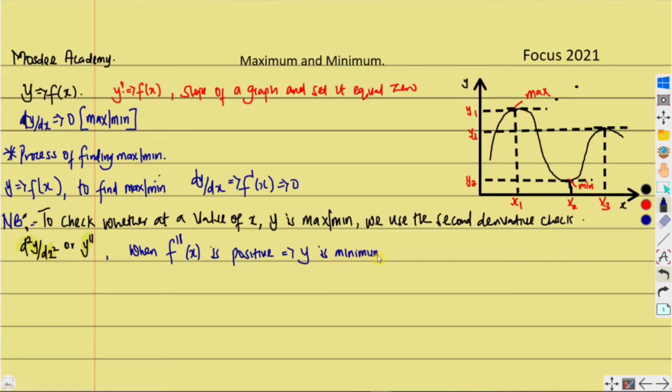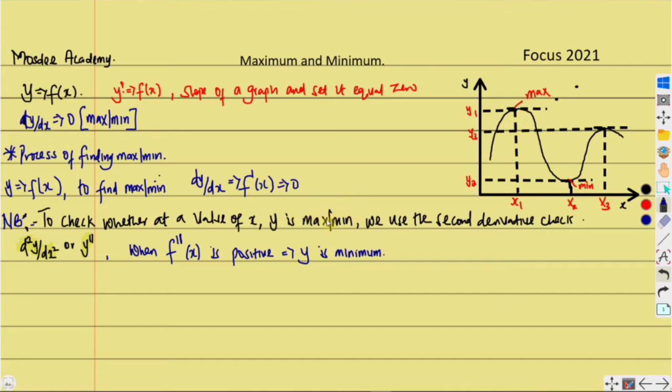So my dear student, what I'm saying is that we want to find maximum and minimum points of a graph. We just differentiate that particular equation, then get some values of x. After getting some values of x, we substitute back to get the y values. Sometimes when you are looking for minimum, your answer can be maximum, and students do complain and don't know which is correct. Is it maximum or minimum?